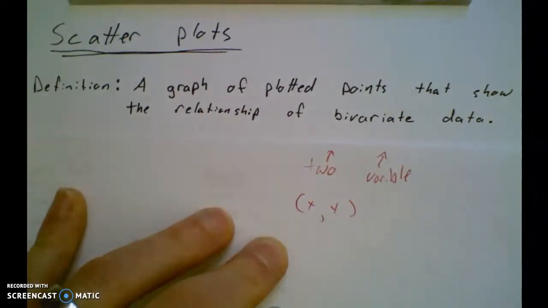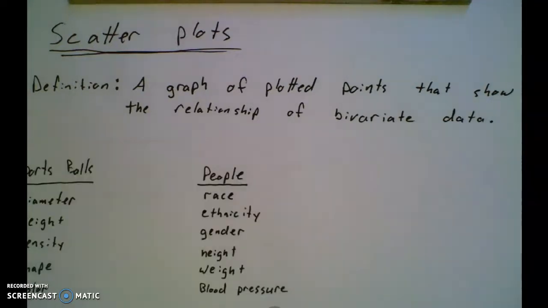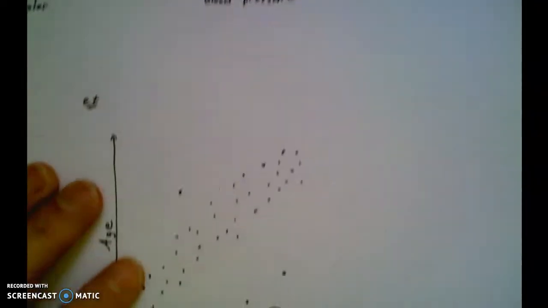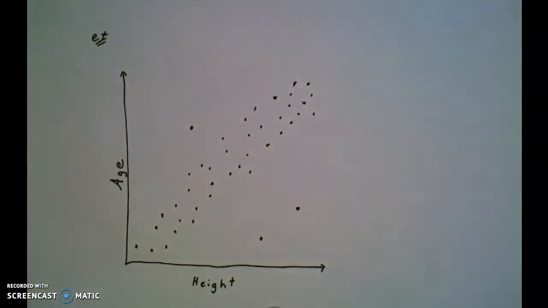Right off the bat, I want to show you what a scatter plot looks like so you have a general idea, and then we'll talk in a little more depth about the pieces of it. It just looks something like this. We'll talk more about this example later, but this is just to get an image.